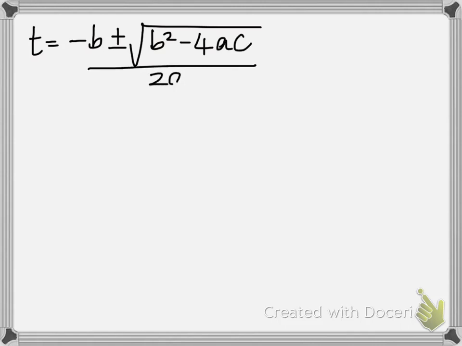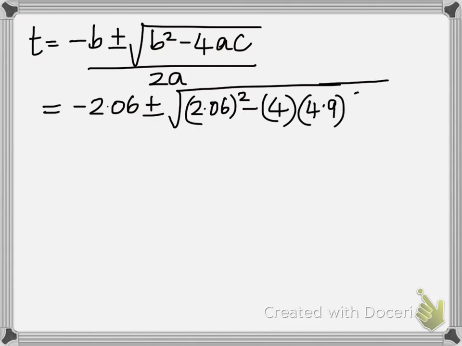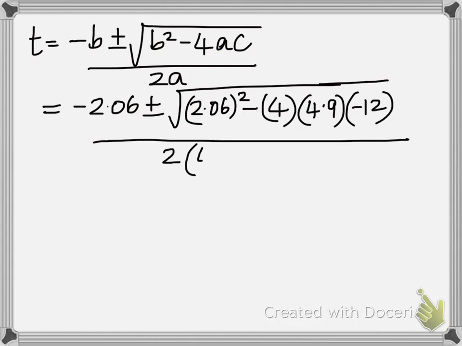So when you substitute it into that formula, it's minus 2.06 plus or minus, you got 2.06 whole squared minus 4 times a, which is 4.9 times C, which is negative 12, whole divided by 2 times 4.9.